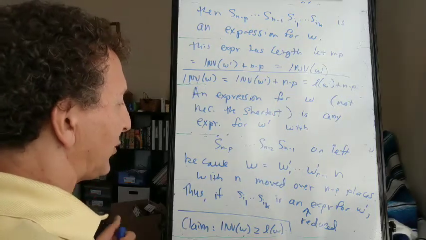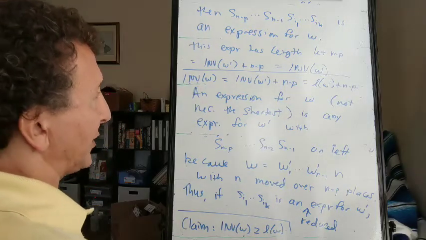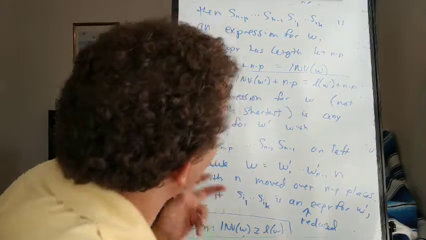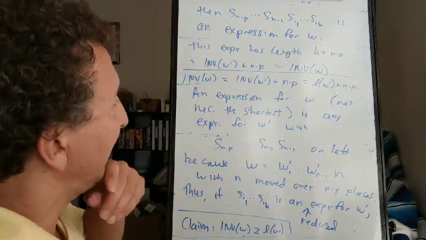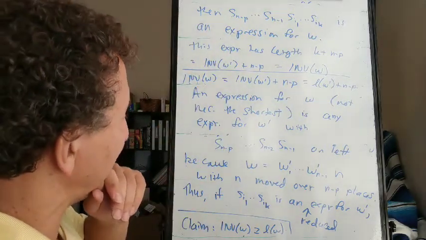Now, we didn't say that this was the shortest possible expression for W, but if we found one expression for W that's this length, then the shortest possible must be less than or equal to that.